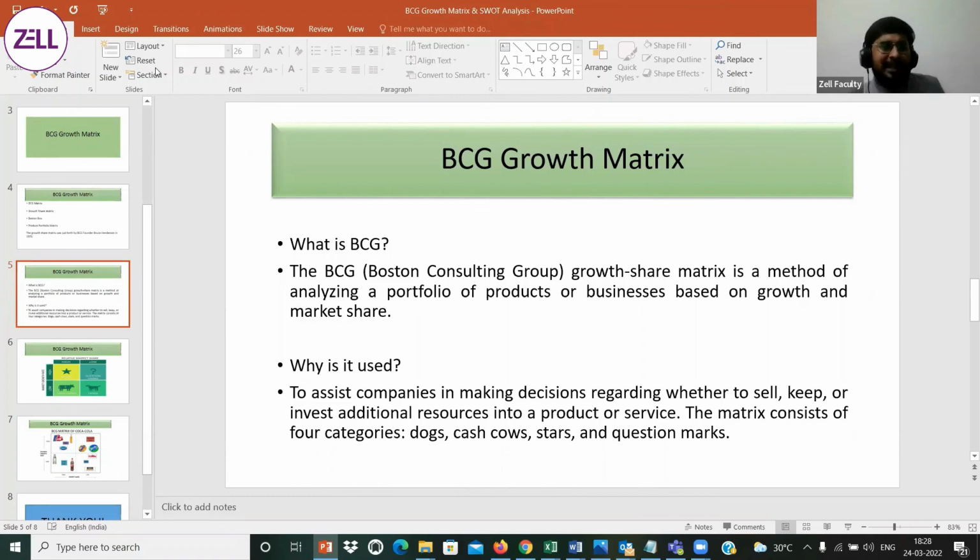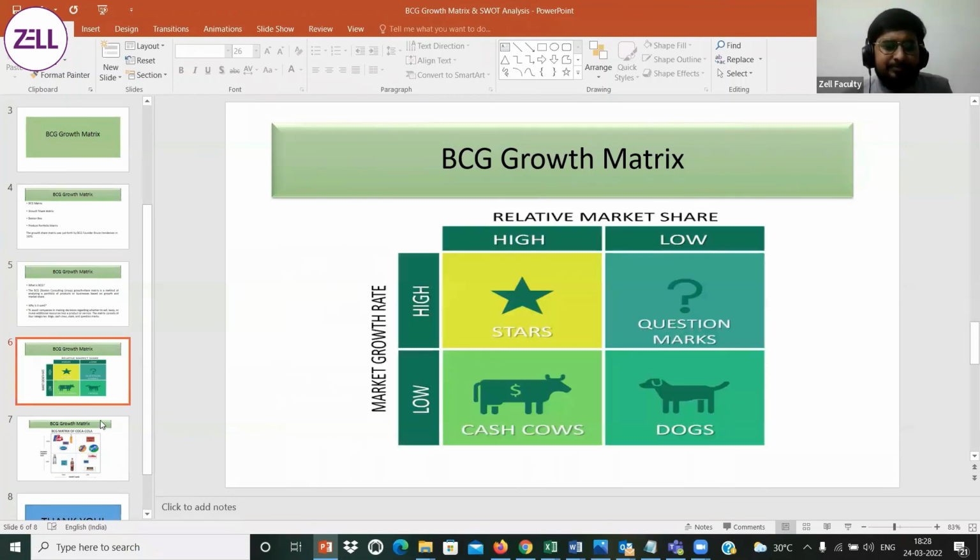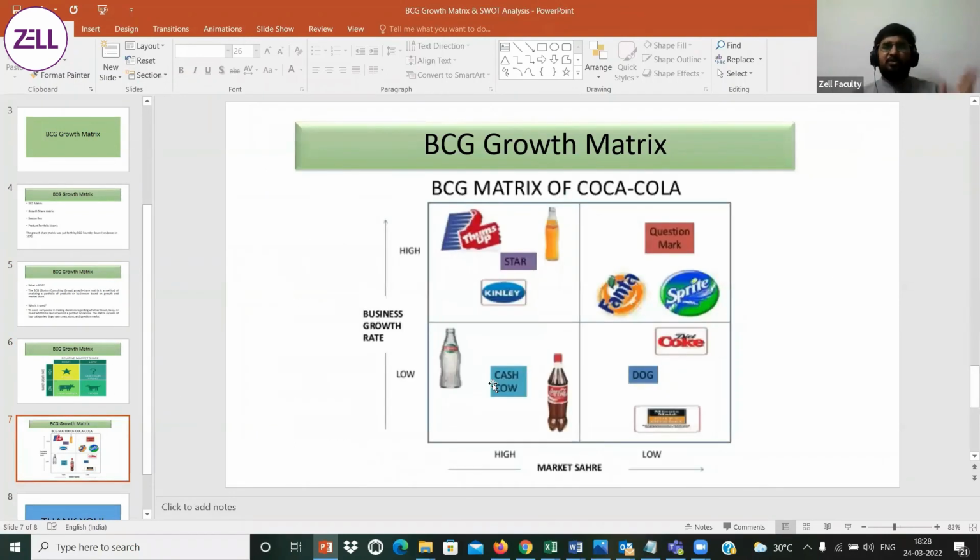Then we moved into a live example of Coca-Cola, because it has so many products to go by. Maaza, Thums Up, Kinley. We tried to understand what its cash cows are. We thought, we don't see that many ads for Coca-Cola anymore.